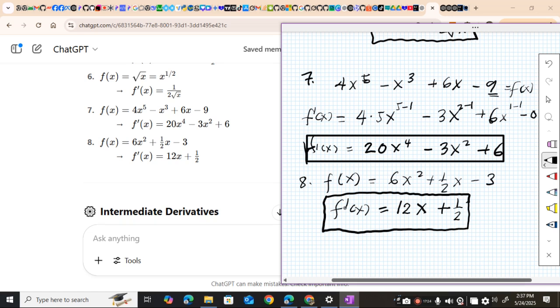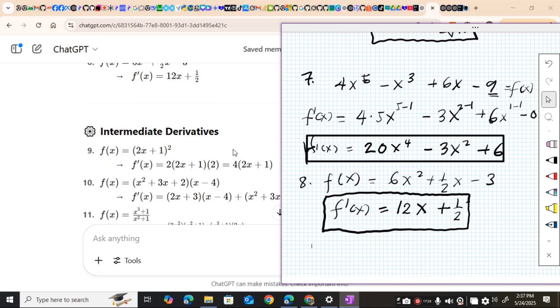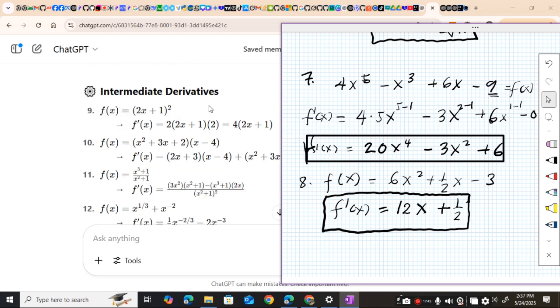In the next episodes, we will try to solve more challenging derivatives by applying the product and the quotient rule, as with more complicated forms of the power rule. So that's it for now, and thank you.